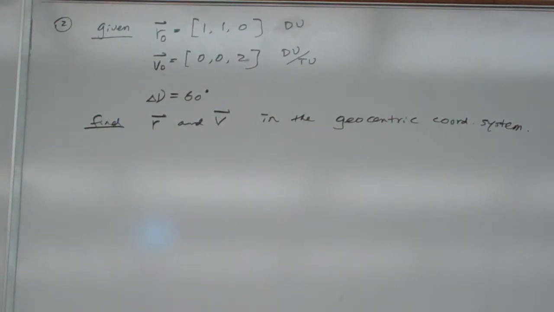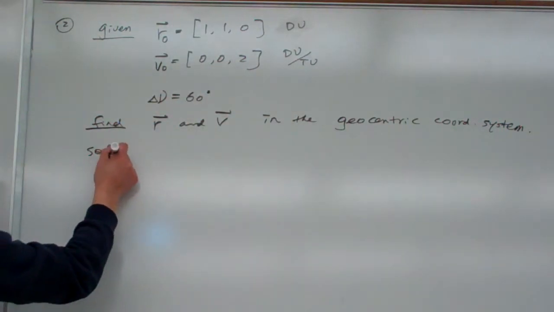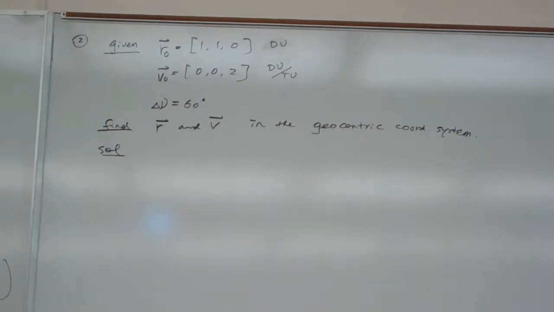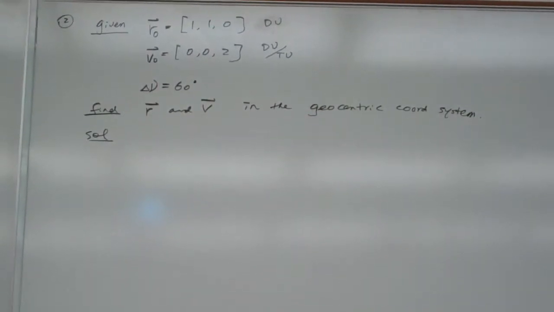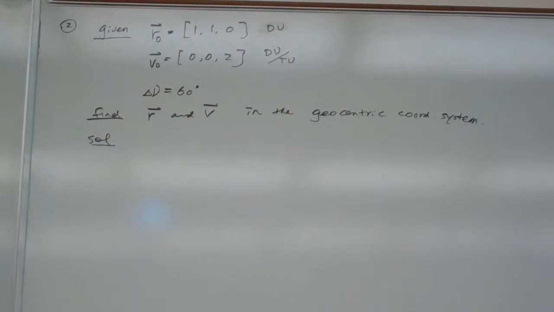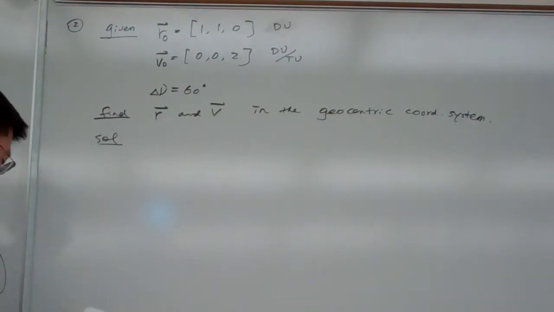So given this, we need to determine what kind of orbit this will be. This one will involve determining the orbital elements, so that goes back to the very beginning of these chapters.